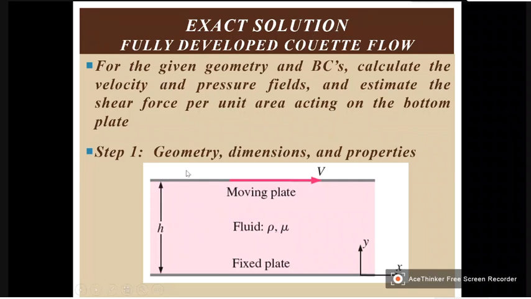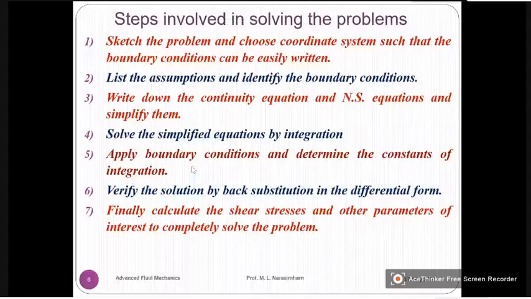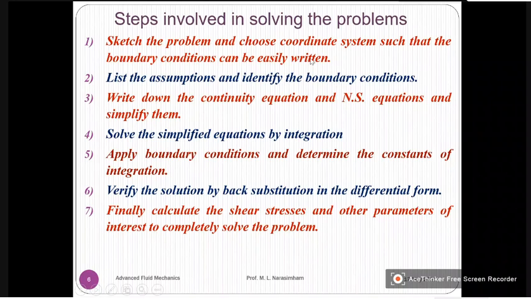So first one, if you recall what I told earlier, for the procedure, sketch the problem and choose coordinate system such that boundary conditions can be easily written. Then list the assumptions, write down the equations, solve the simplified equations, apply boundary conditions. So we are going to follow these steps.